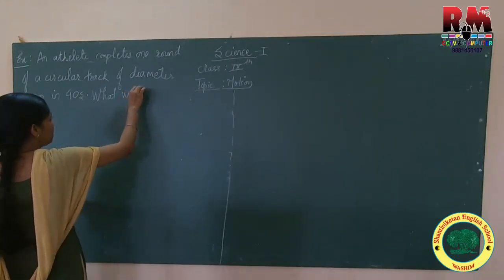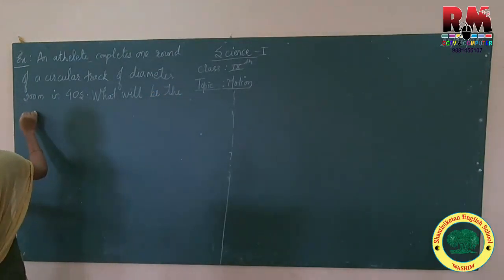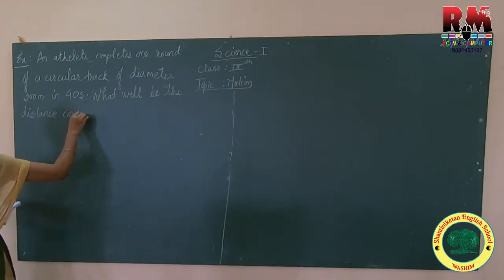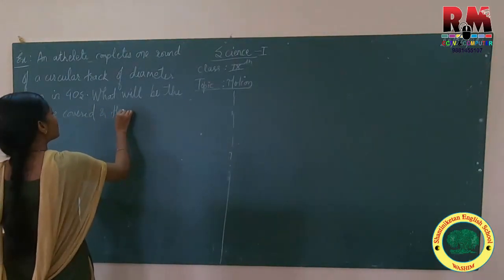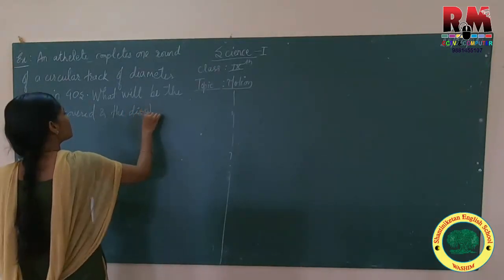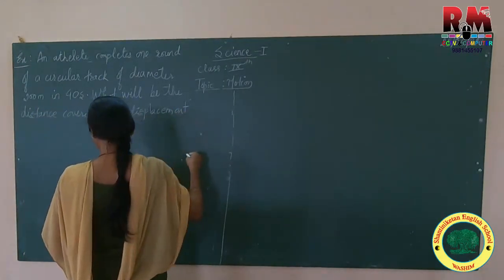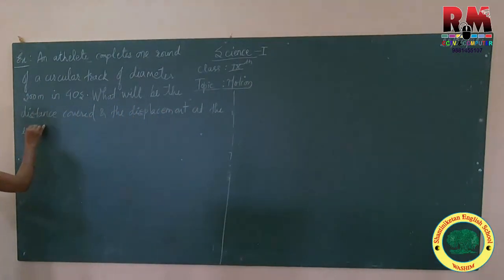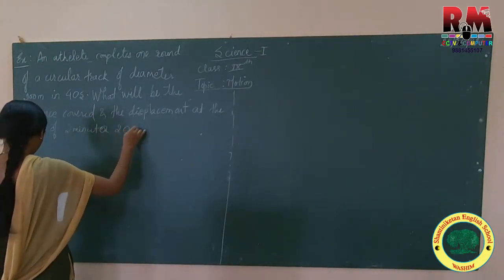What will be the distance covered and the displacement at the end of 2 minutes 20 seconds.